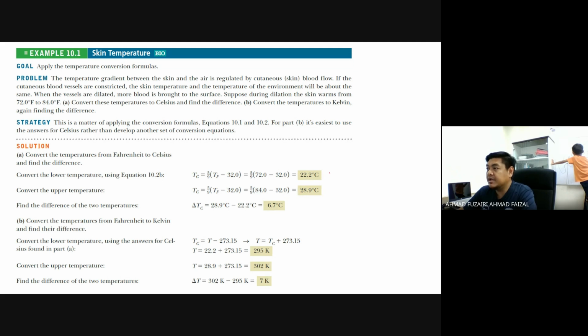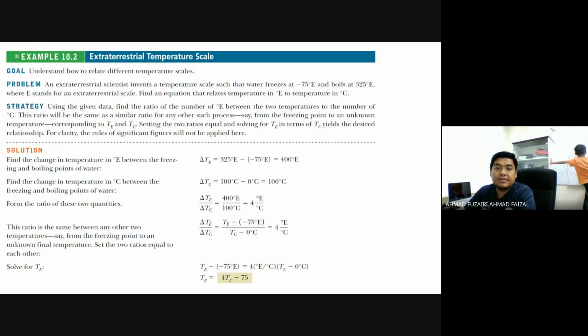For 72 you get 22.2, and for 84 you get 28.9, and the difference in the temperature is 6.7. So this is just a normal example. I don't want to go into that. You can go very fast here and also here. You can do this part on your own.